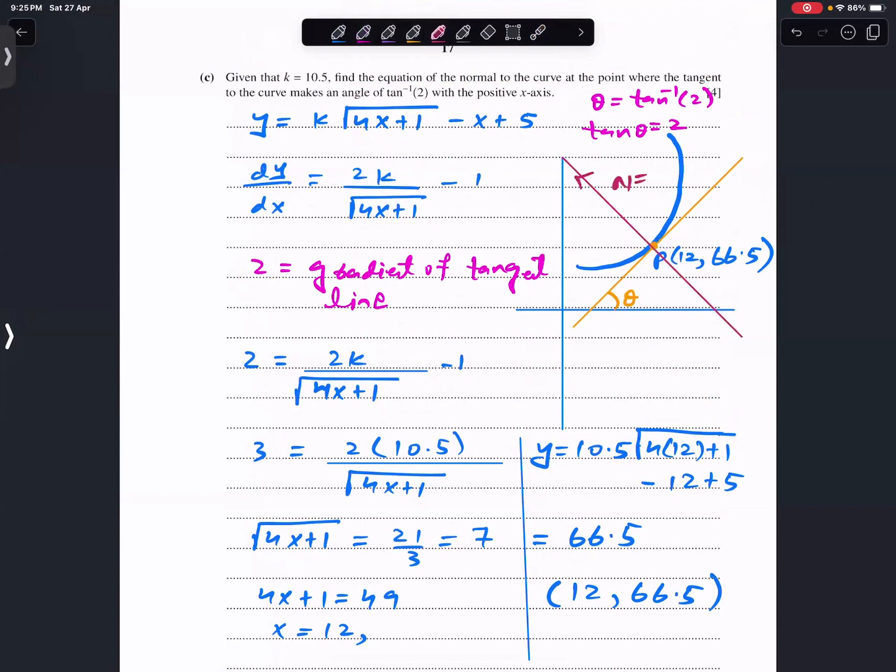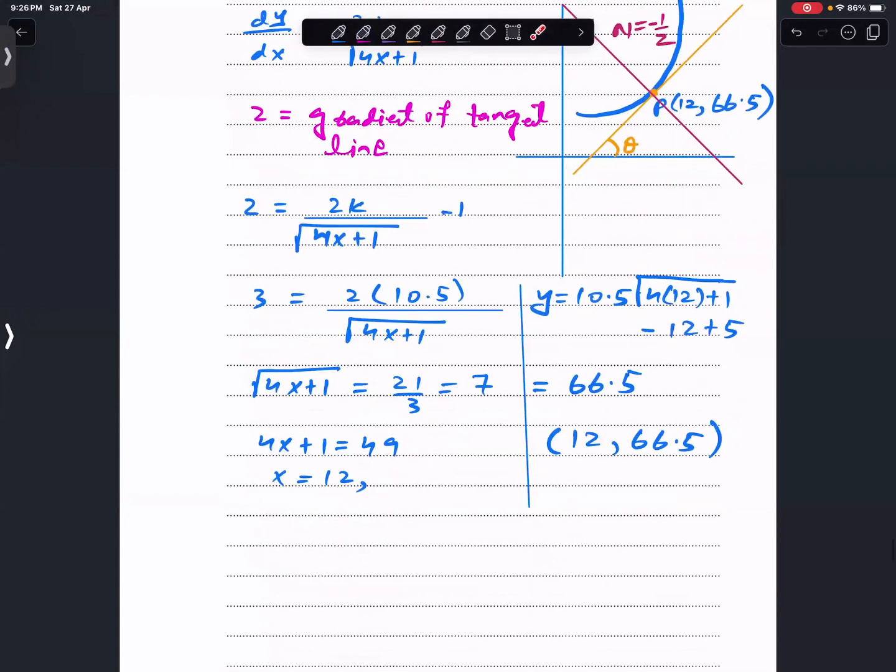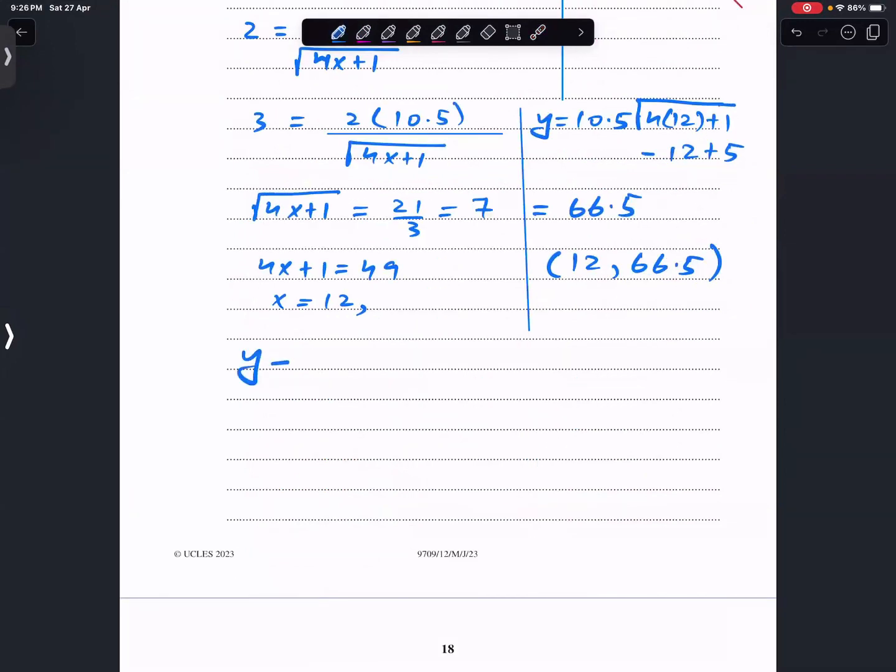Its gradient will be minus 1 over 2, because the gradient of the tangent is 2, so the gradient of the normal is the negative reciprocal, which is negative 1 over 2. That's it. y minus 66.5 is equal to minus 1 over 2 times x minus 12. So this is my equation of normal.